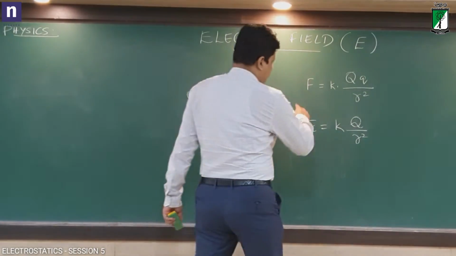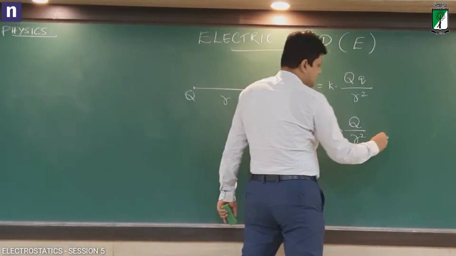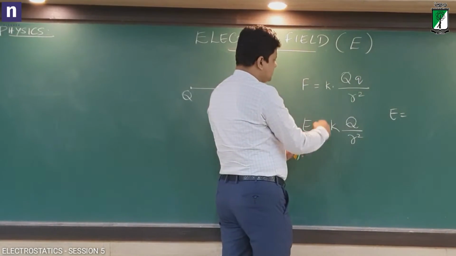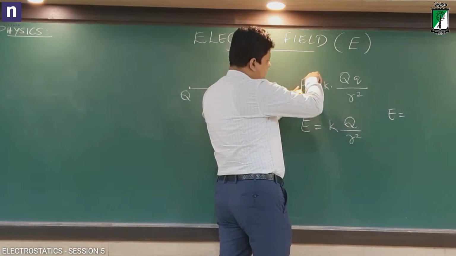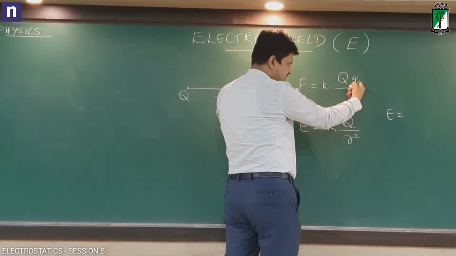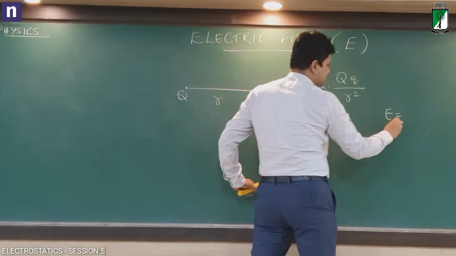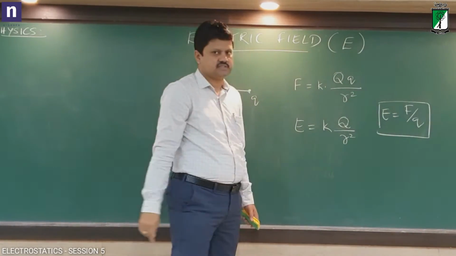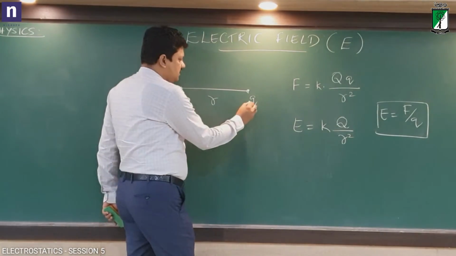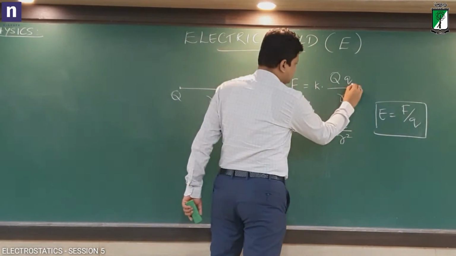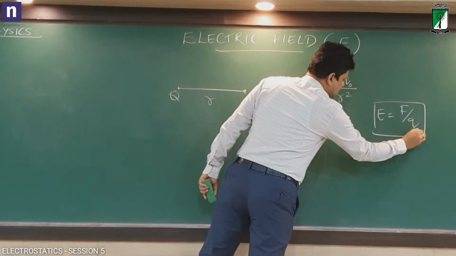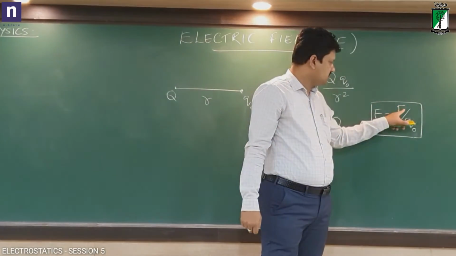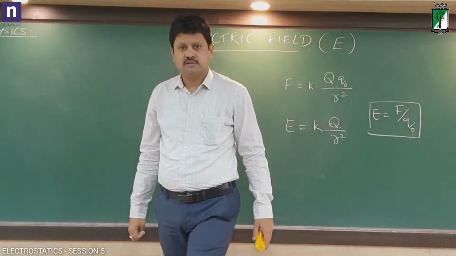Now, from these two equations, you can understand that E is so much, F is here. If you divide this F by this test charge Q, then you are going to get this one. So you can write it like this. Now if I take small q as Q naught, the test charge, then electric field at a point can be defined as the force per unit charge at that point.